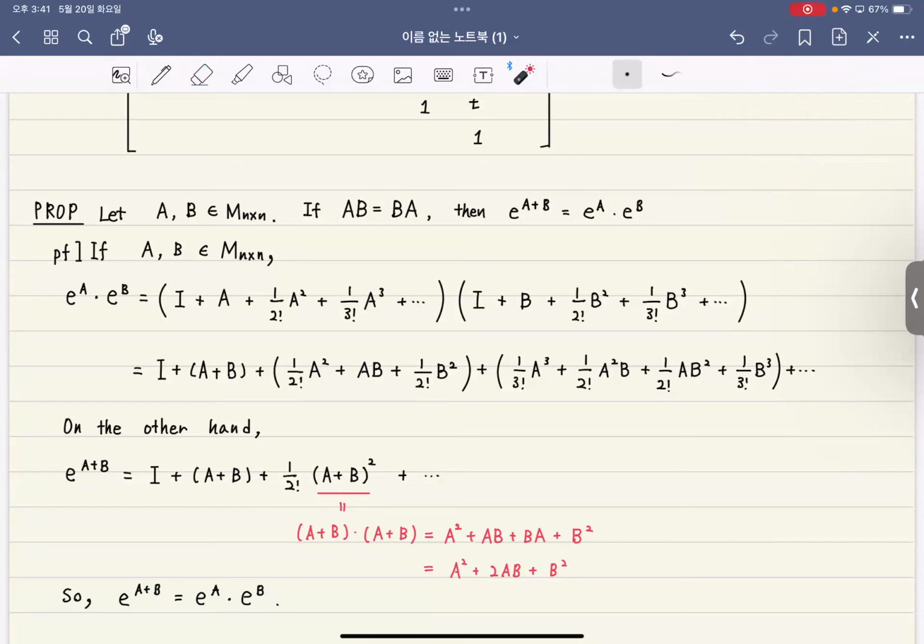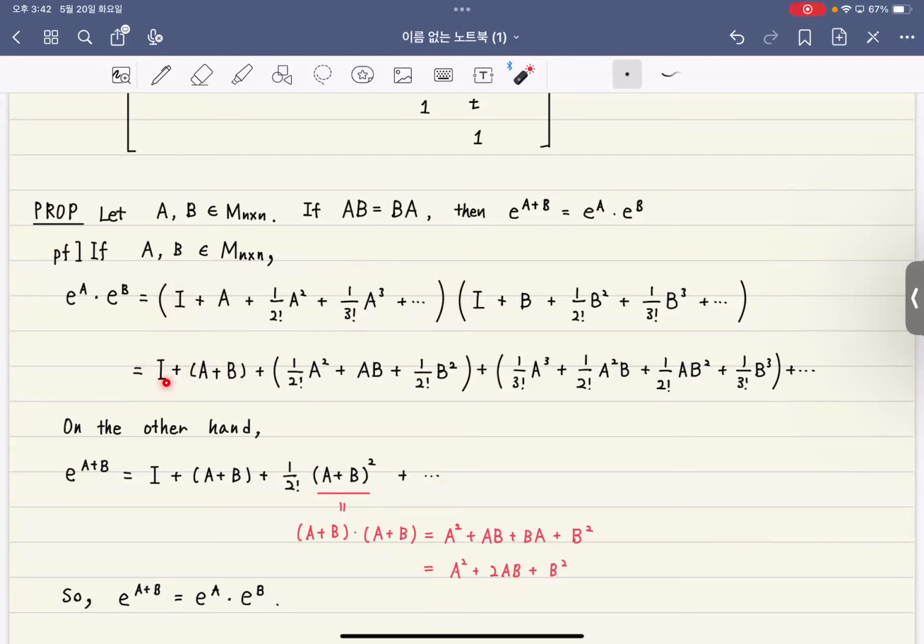Okay, never mind. So let me prove this. First, I try to compute the matrix exponential of A times the matrix exponential of B. Because of our definition, this is the matrix exponential of A, and this is the matrix exponential of B. Expanding these two parentheses, I will write down everything in ascending order of degree. So the constant term is identity times identity.